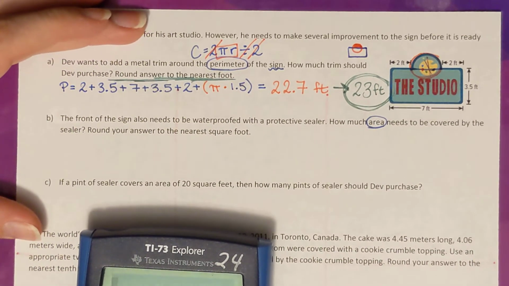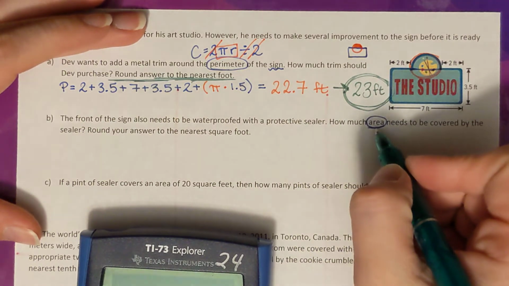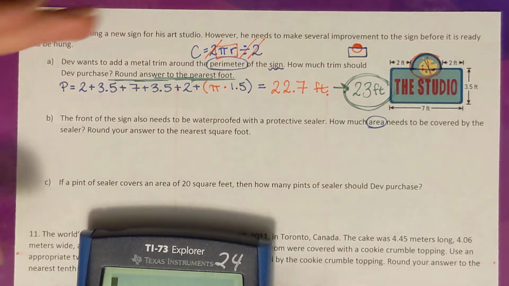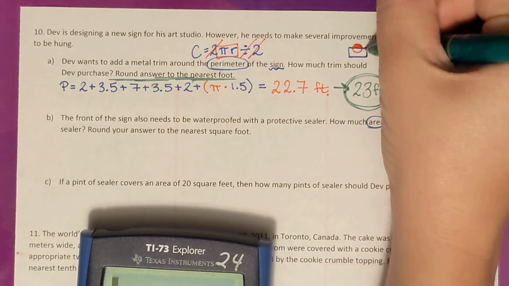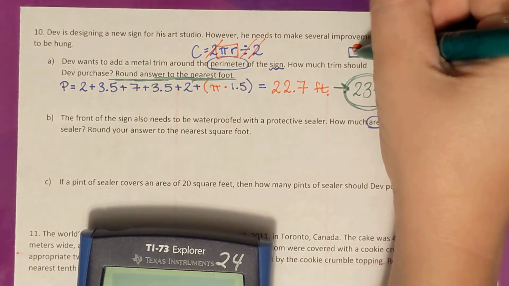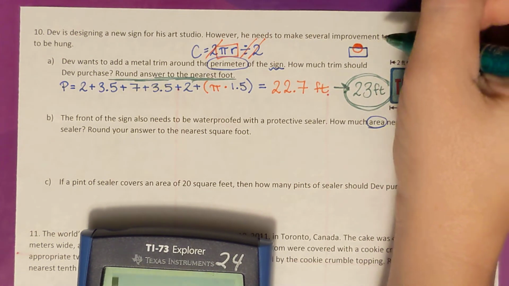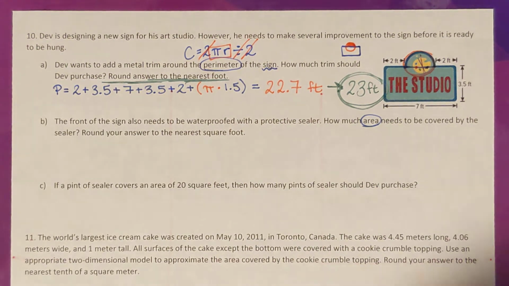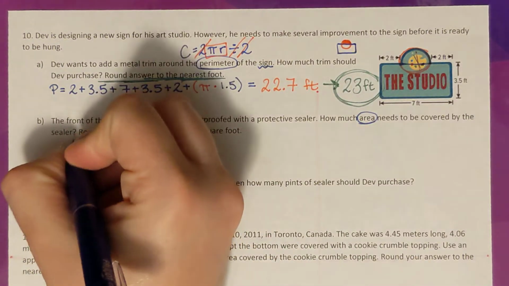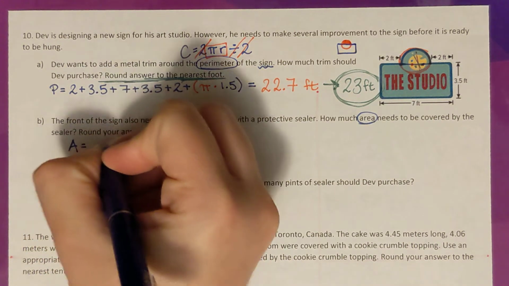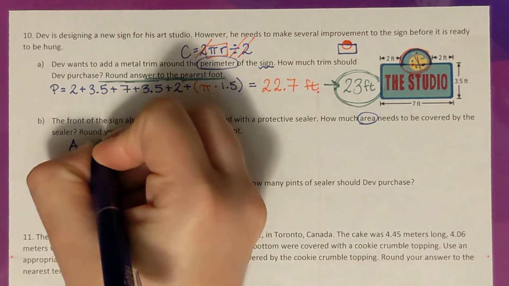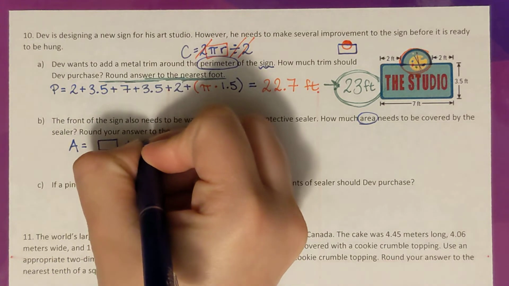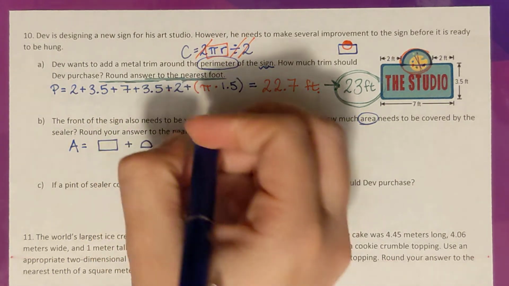Now we're gonna do it again, but this time we're gonna do area. So again, remember we have a rectangle and a half circle. Think about how you find the area of a rectangle. Hopefully you know that. We're gonna do a rectangle plus a half circle.